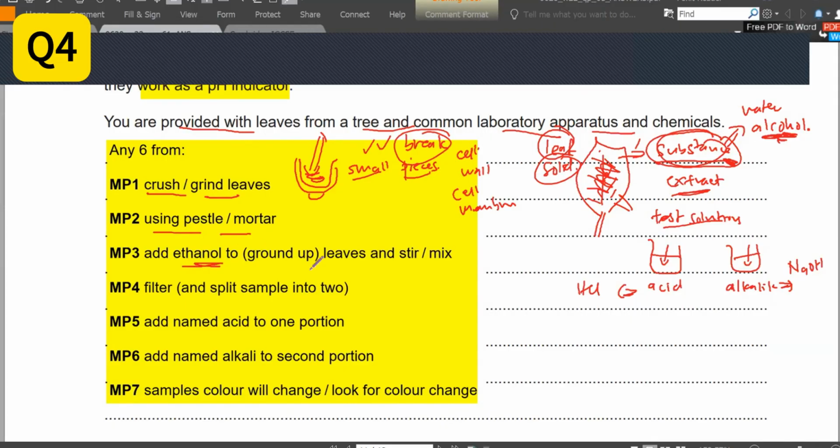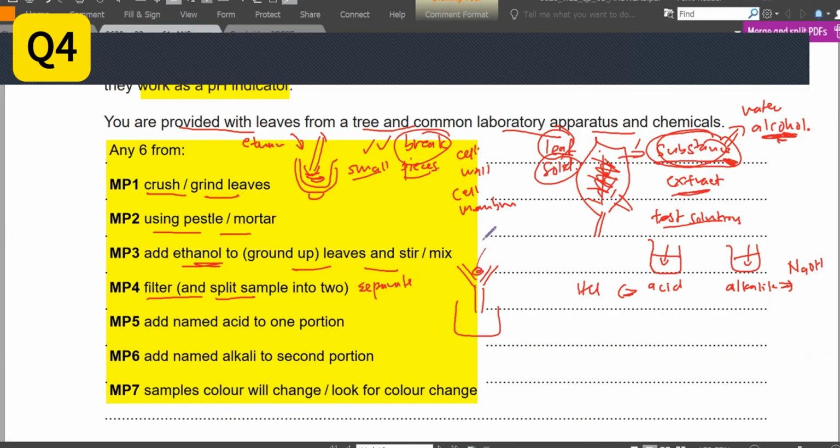So we add the ethanol. The ethanol is added, so now the substance can dissolve. And then we filter. When we filter, we can separate.